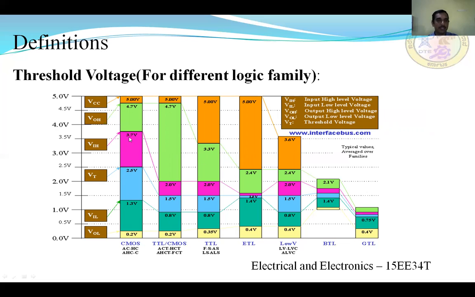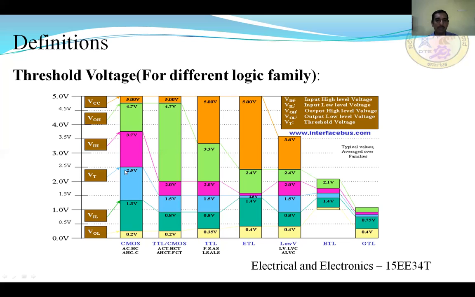This is VIL, the maximum input low voltage, this is the threshold voltage, and this is VIH, the minimum input high level voltage. For CMOS this high voltage is 3.7 volts.